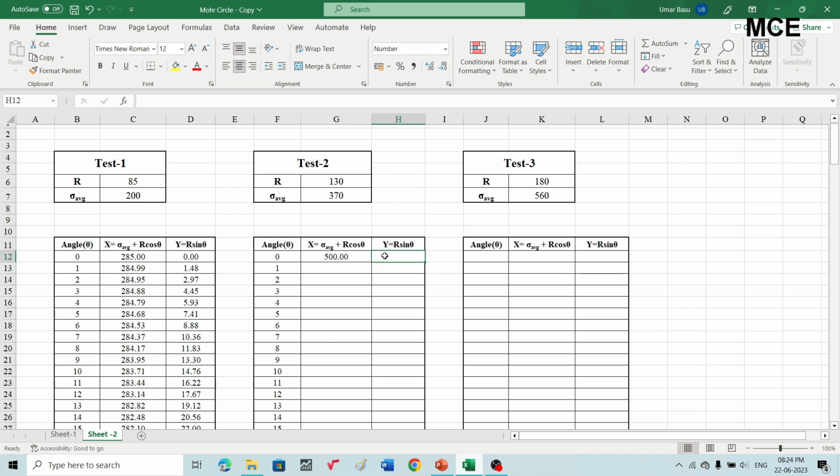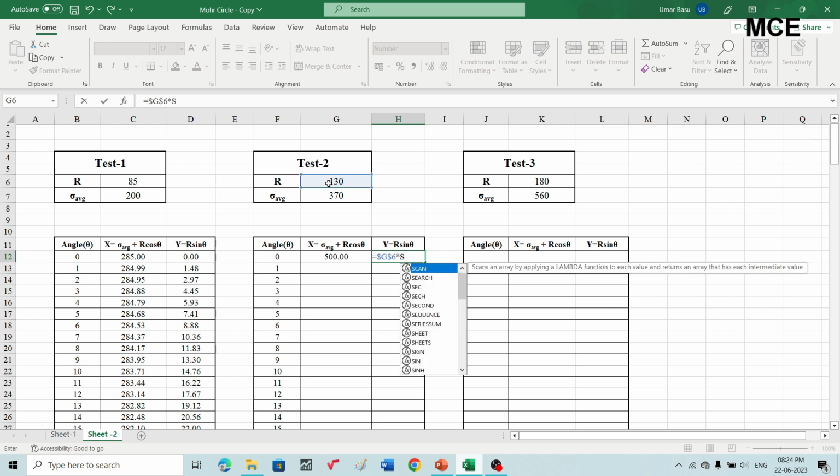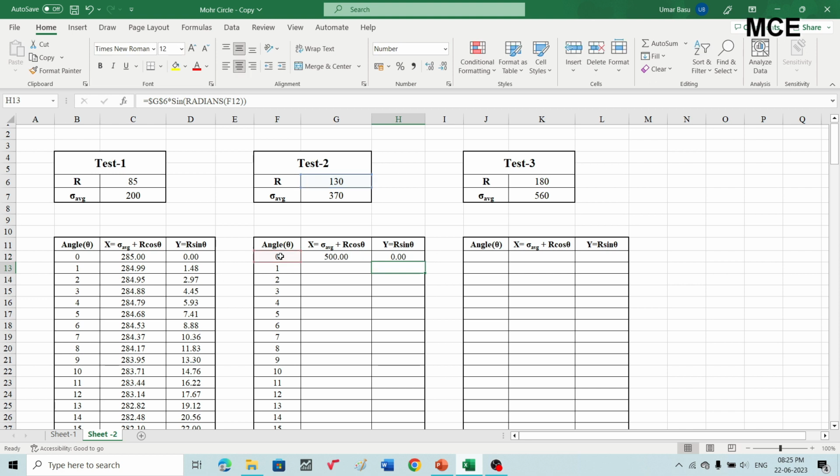Same procedure for the y coordinate: write equal sign, then select the radius of the test 2, press F4, then multiplication sign, write sine, then radians, then select the first angle, which is 0 or F12, then close the bracket and press enter, and you will get the y coordinate for the first angle for test 2.